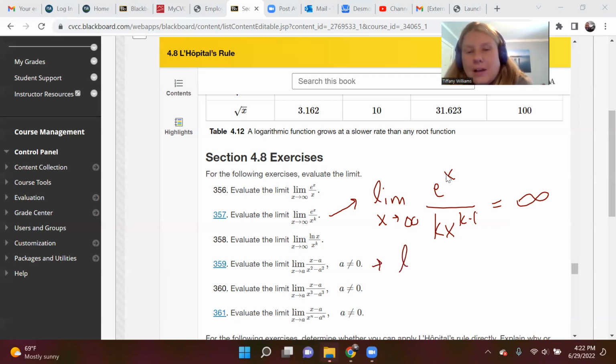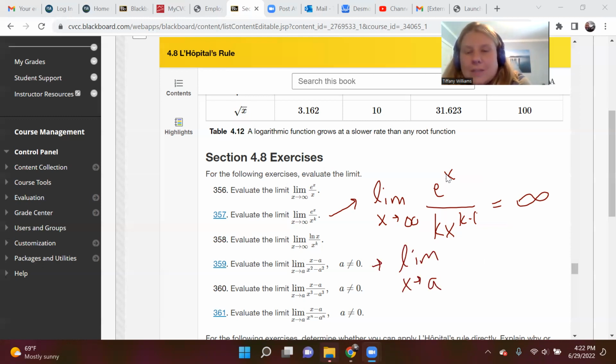But using L'Hopital's, I'm going to take the derivative of the top and the bottom. Remember, a is just a constant. It's just a number. So the derivative of x minus a is going to be 1 over, and I needed to put my limit. I forgot to put my limit. Okay, here we go.